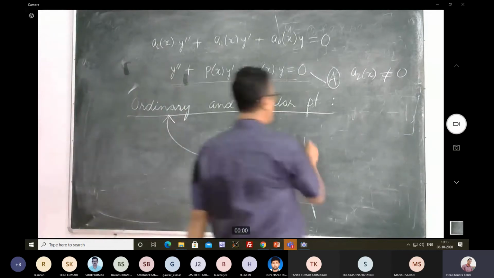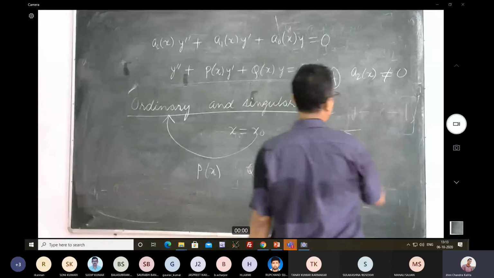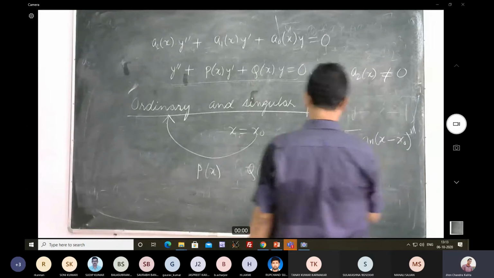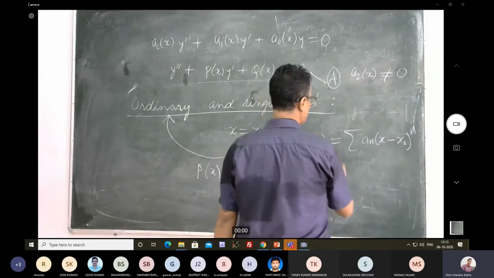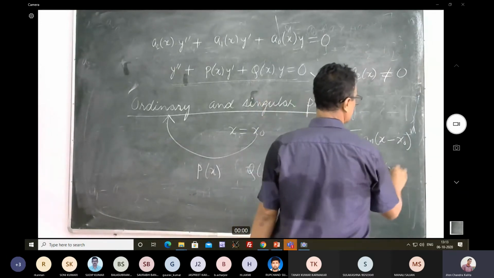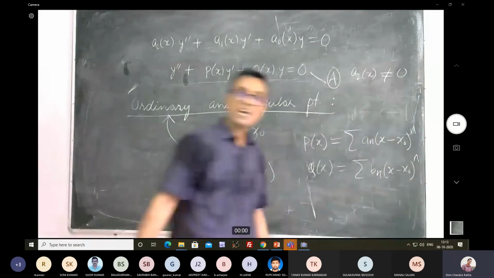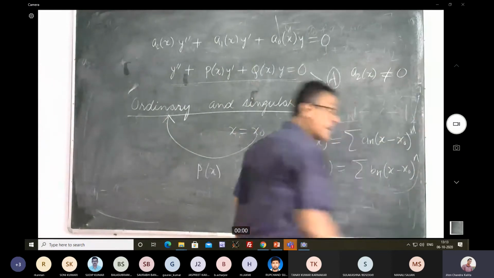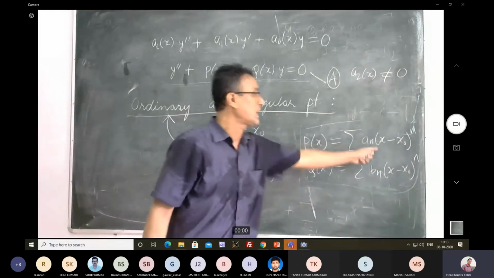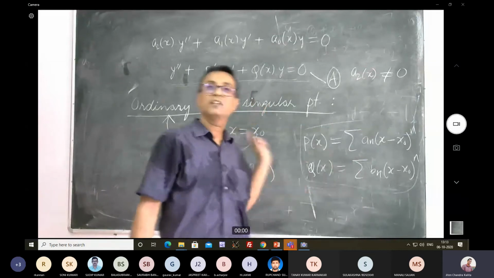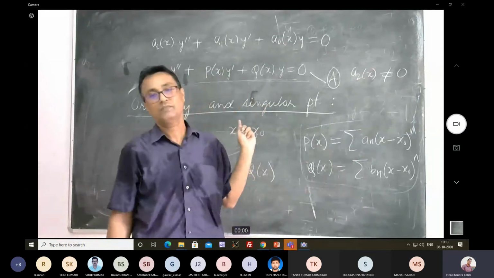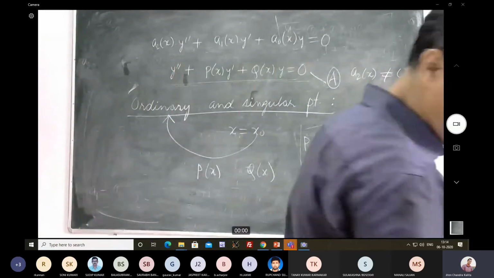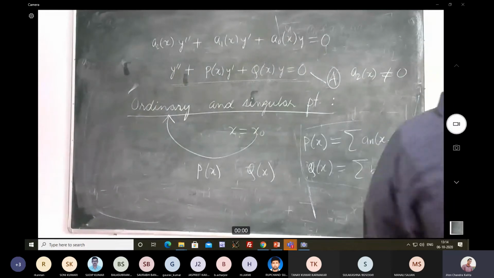So that means we should be able to find a power series solution of this type, and P(x) and Q(x) are expressible as convergent power series like this. Is it okay? Otherwise, x naught is called a singular point. That's it. Okay, fine. So this is about ordinary and singular points.